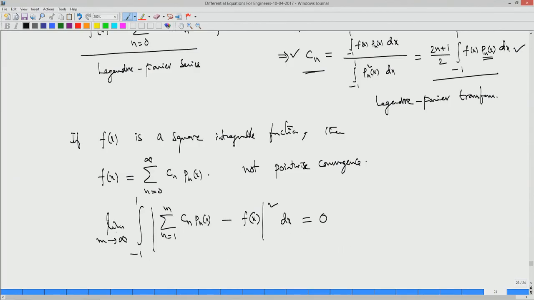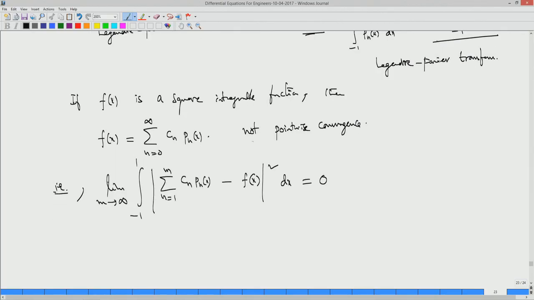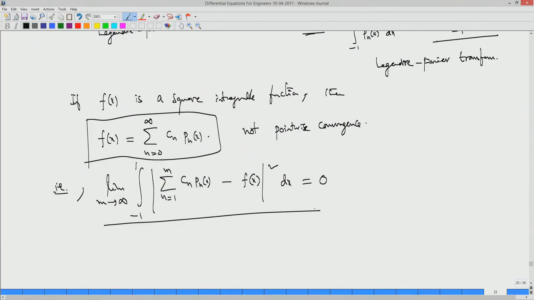That means, in the square integrable sense, on average this converges to f(x). So, this convergence is different. If it is not pointwise convergence, it is called square integrable convergence. This does not mean you fix your x and see that the series of numbers converges to a particular value. The meaning is this one, so you need not worry.